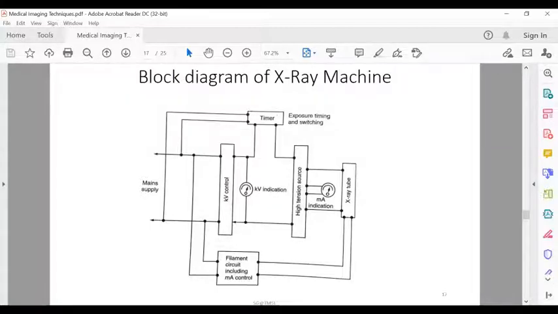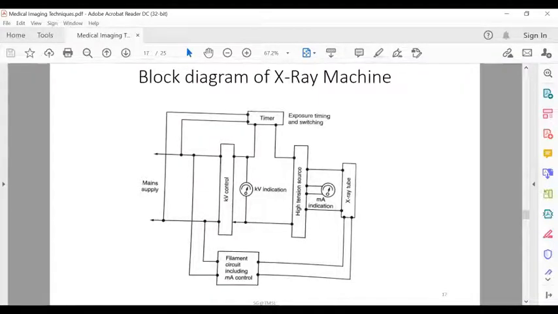For achieving this, intensifying screens are used, which consist of a layer of fluorescent material bonded to a plastic base, and then the X-ray film is sandwiched between two screens and kept in a light tight cassette.